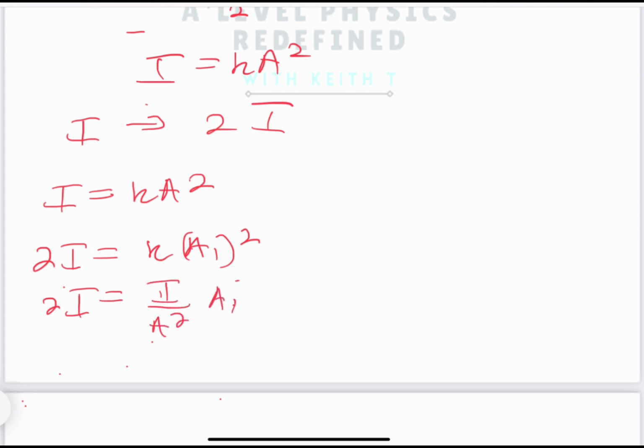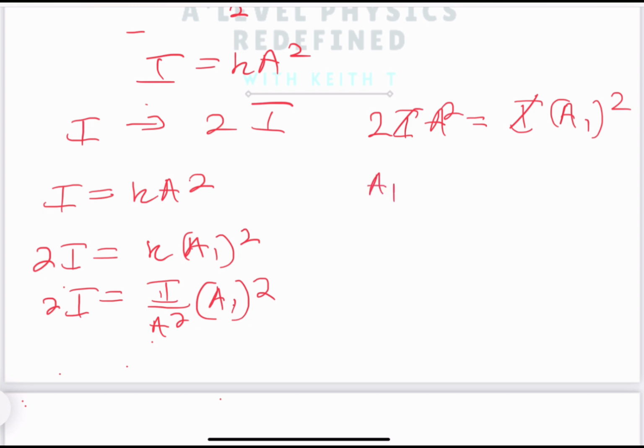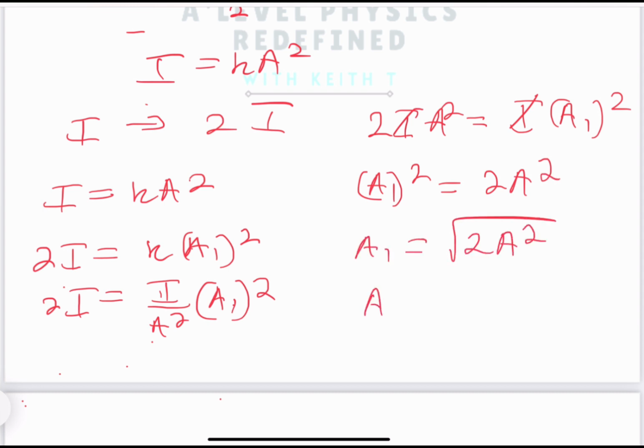So 2I equals I over A squared multiplied by A1 squared. So it becomes 2I A squared equivalent to I A1 squared. That cancels out. We're left with A1 squared equivalent to 2A squared. So A1 is the square root of 2A squared. So A1 is actually root 2 of A.